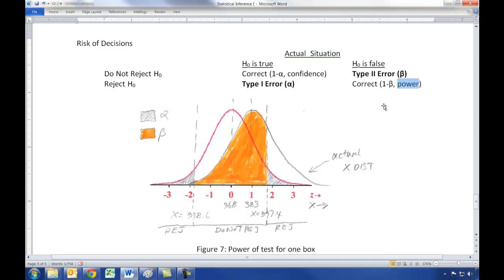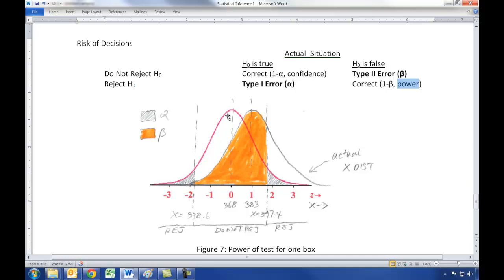However, we do not have control of the actual mean because that's a quantity we do not know. A second way to achieve a smaller beta, therefore a larger power, is to reduce the variance of the distribution.